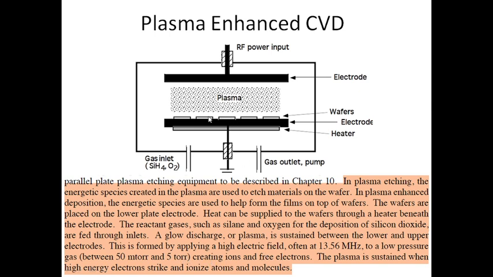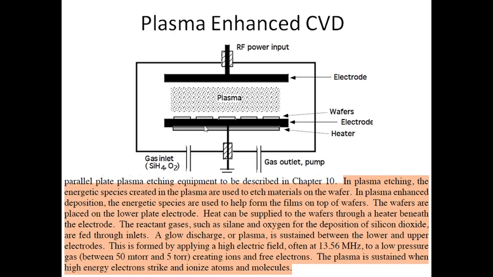This is the plasma we are talking about. This plasma will have high energy electrons which will strike the gases containing that particular material, so it will be deposited on this wafer which is placed at the bottom.